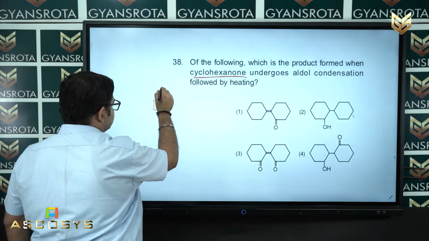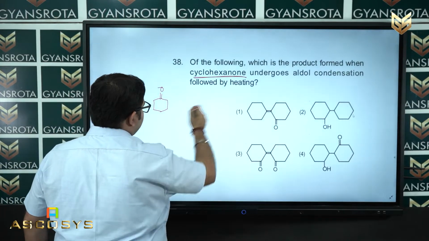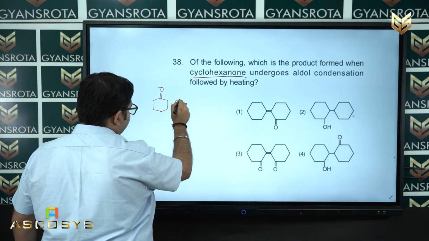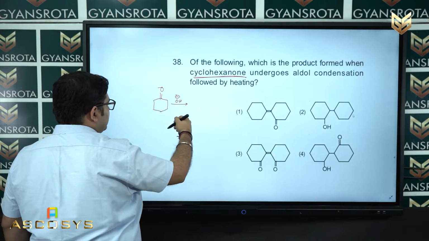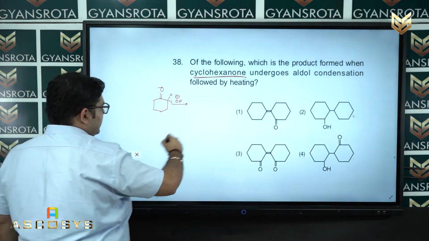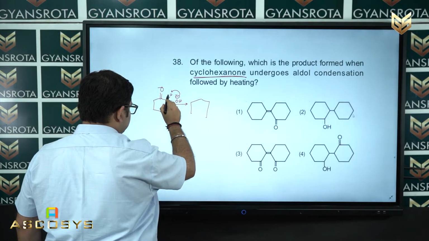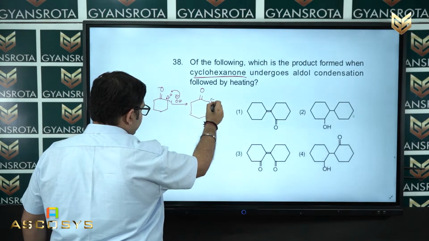This is the structure of cyclohexanone, and they are saying aldol condensation; for aldol condensation we are using a base. So, we are using a basic aldol condensation. So, OH. When this OH is present, what will happen? It abstracts the proton, and you end up with this kind of intermediate.